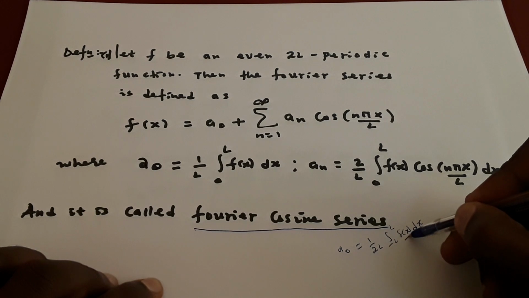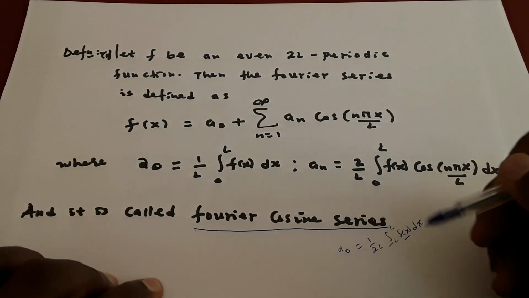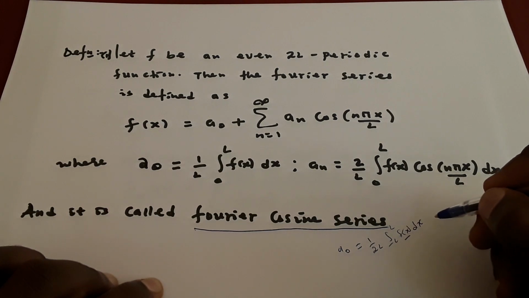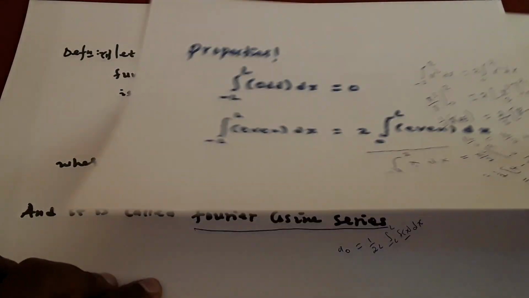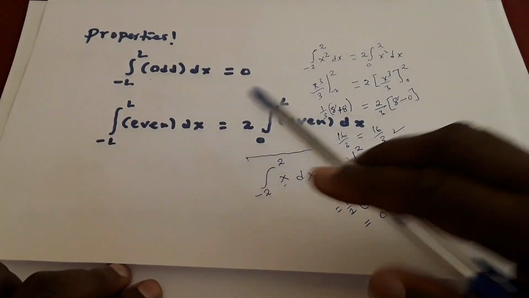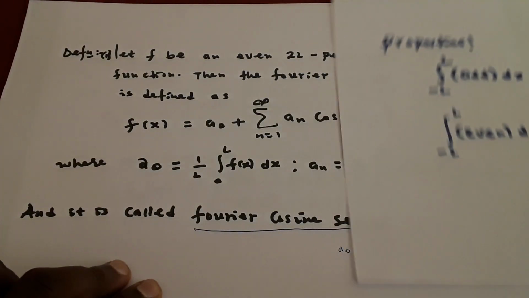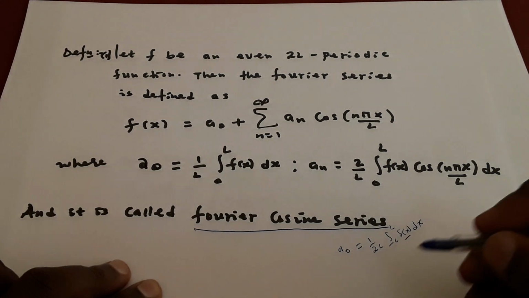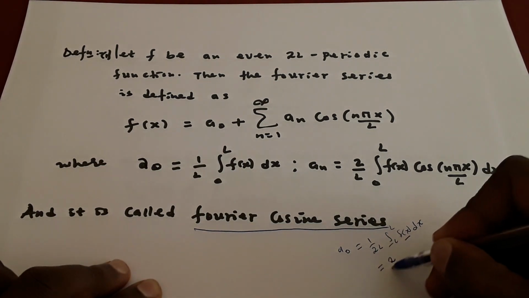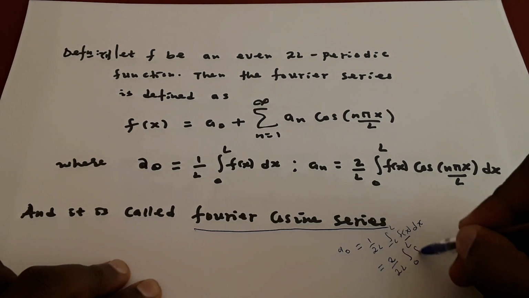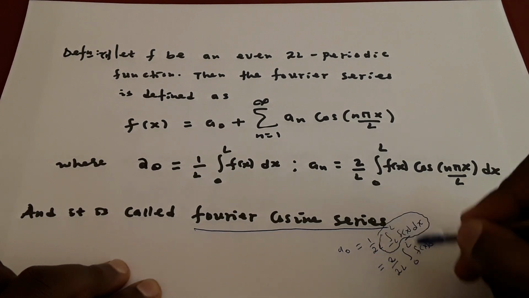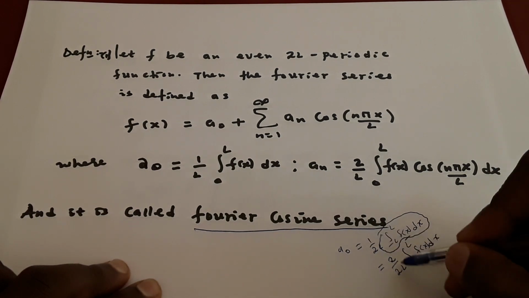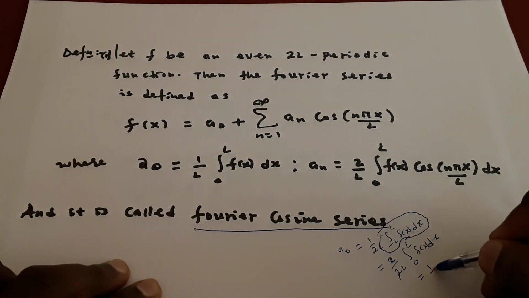If the function is even, or if we are looking at the even extension, this means twice the integral from 0 to L. We have 1 over 2L, so the twos cancel, and this remains 1 over L from 0 to L of f of x dx.